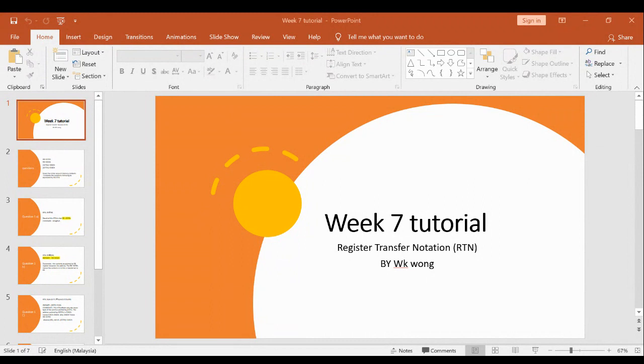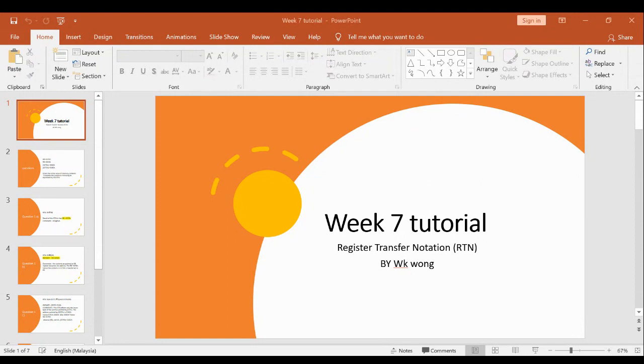Yesterday we discussed assembly language, and this week's lecture is basically an introduction to assembly language. We have discussed RTN and some of the addressing modes, and a few of these things are actually quite important. So we're just going to cover the first parts of it.